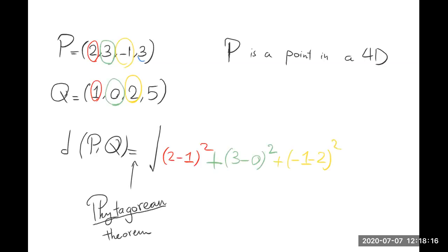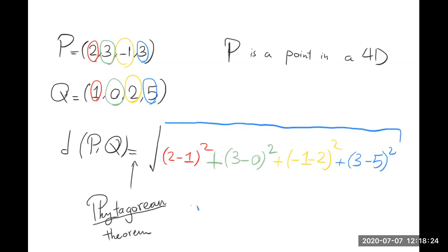And we can look at the fourth coordinates, and subtract them and square. So 2 minus 1 is 1, 1 squared is 1, 3 minus 0 is 3, 3 squared is 9. Minus 1 minus 2 is minus 3. Minus 3 squared is plus 9. Remember, the square of a number is always a positive number. 3 minus 5 equals minus 2. Minus 2 squared is plus 4.